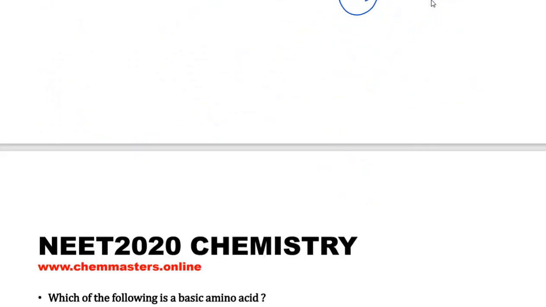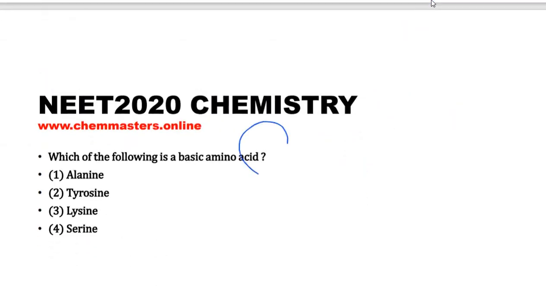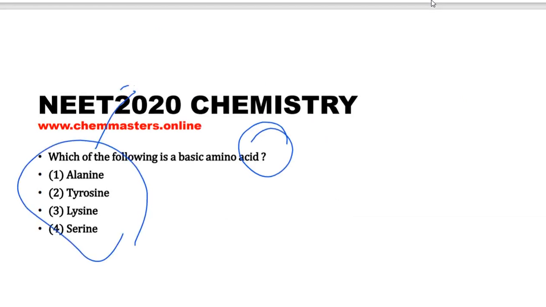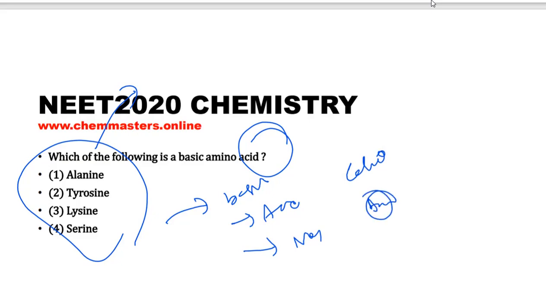Okay, right. Next question, which of the following is a basic amino acid? Already we have poll questions of a similar kind. I always suggest that you practice all the 20 natural amino acid structures, and you need to know the number of basic amino acids, number of acidic amino acids, number of neutral amino acids, number of cationic amino acids, number of anionic amino acids, and also focus on the number of aromatic amino acids and number of heteroatom containing or hetero ring containing amino acids.